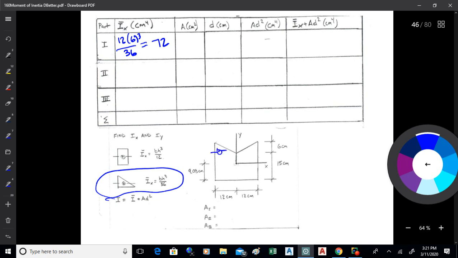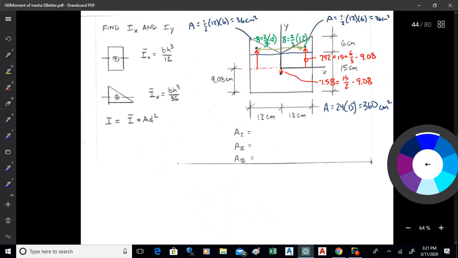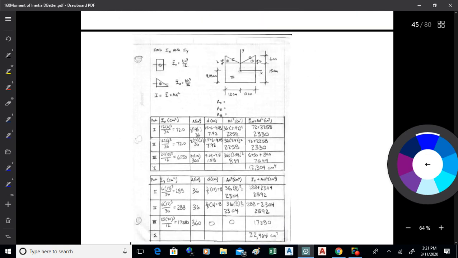But I'm not taking the moment of inertia about that axis, I'm taking it about this axis. So I've got to include that AD squared term. I've got 12 by 6, so that area there is 36, I think, centimeters squared. We already calculated that. Then that distance we found also, and that is 9.08.